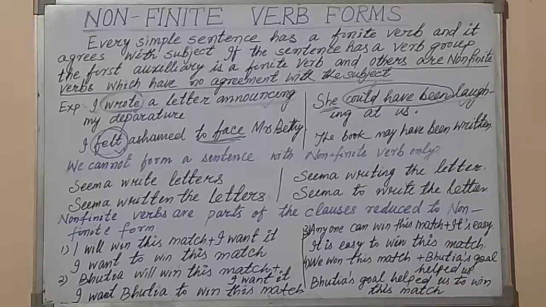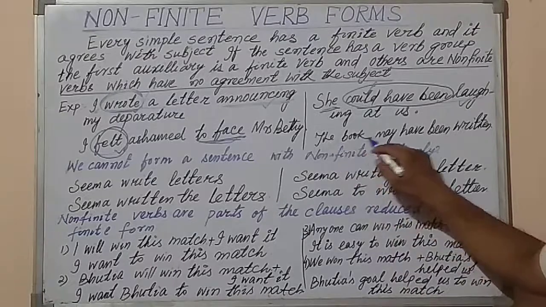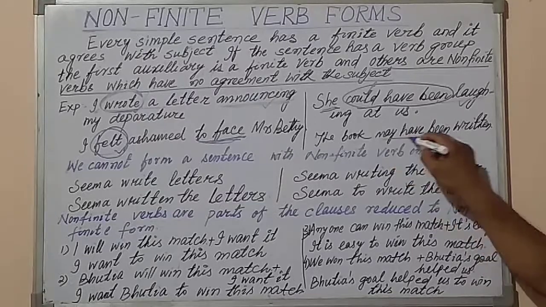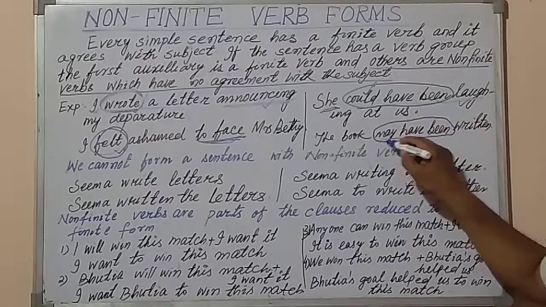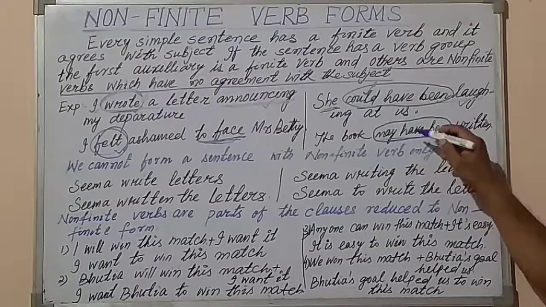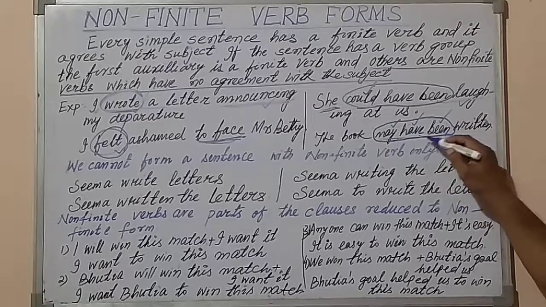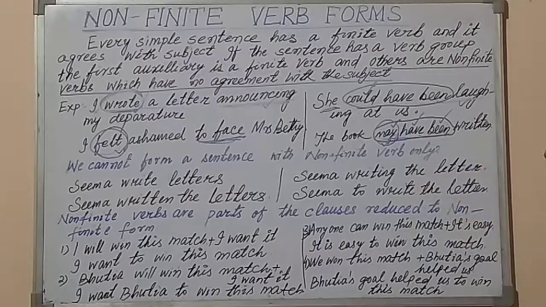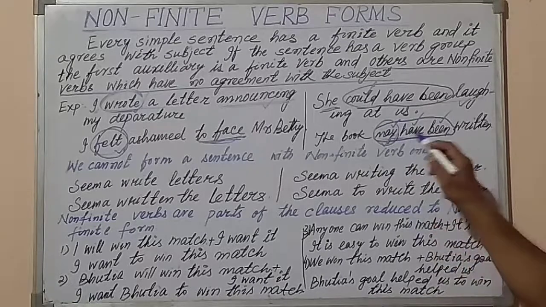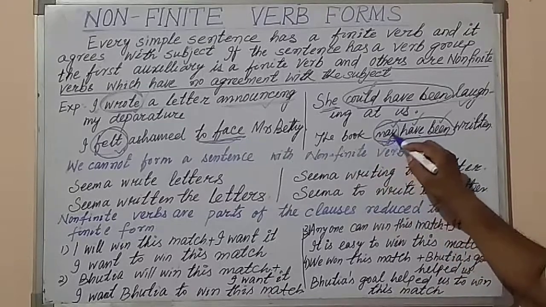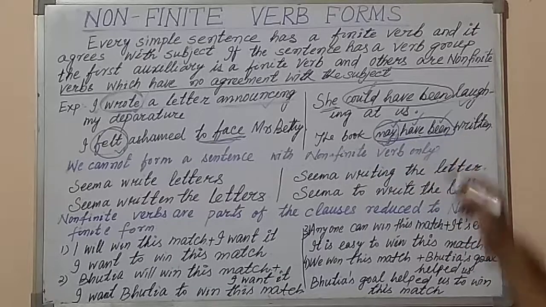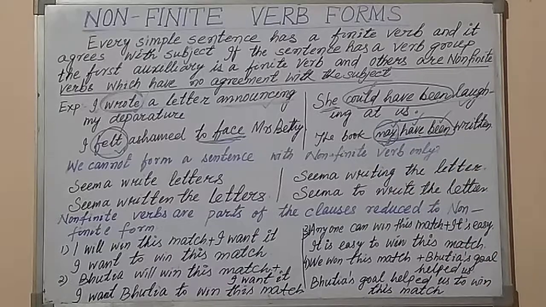And next, see the example. The book may have been written. You see here, may have been are auxiliaries. These three auxiliaries are may, have, been, and among these the first one is may, which has the agreement with the subject the book, but have and been have no link or no agreement.